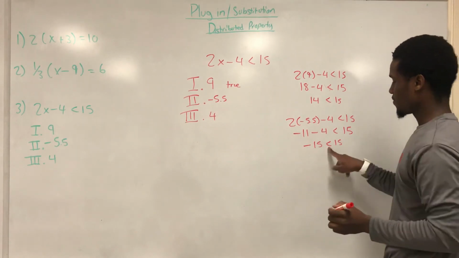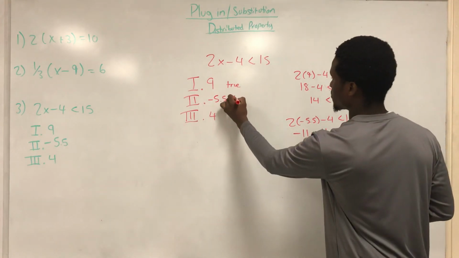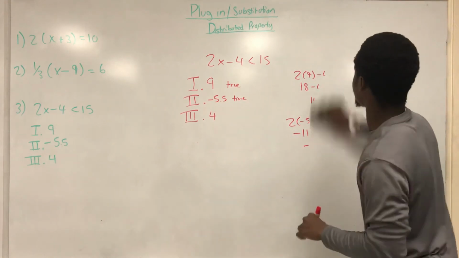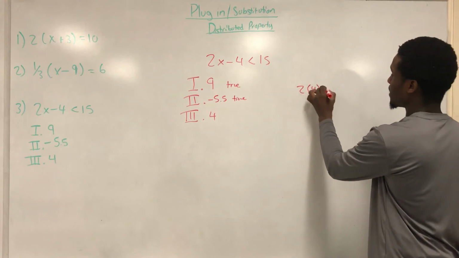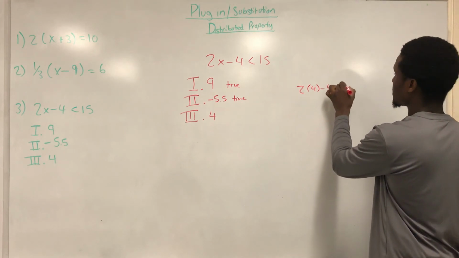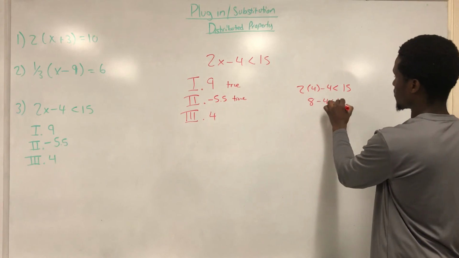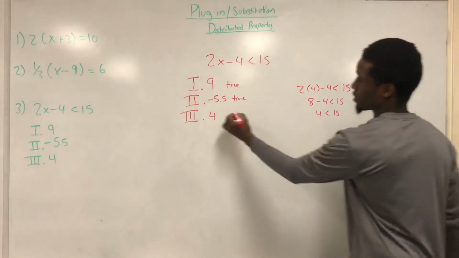So is negative 15 less than 15? Certainly is. That's true. Alright, now let's go ahead and try our last one. 2 times 4 minus 4 is going to be less than 15. 2 times 4 is 8. 8 minus 4 is 4, which is less than 15. So this is also true.